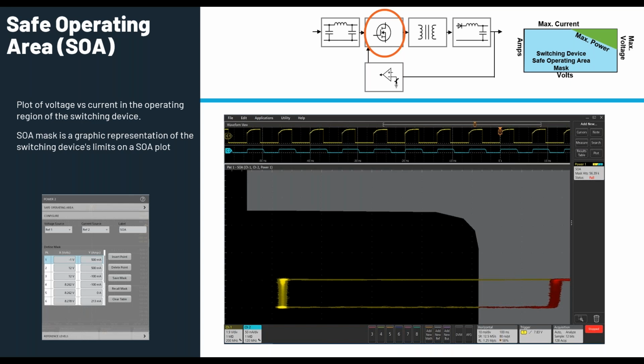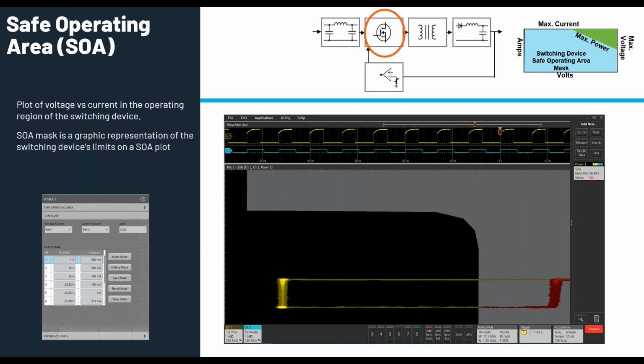There's a mask which gets superimposed on the plot, and you will see the switching device specification limits, and also whether your transitions are hitting the mask or not. So you can tell whether your device is in the safe operating area or not.